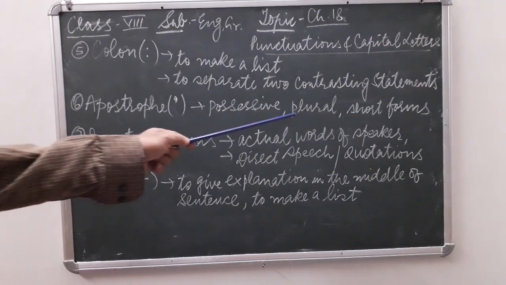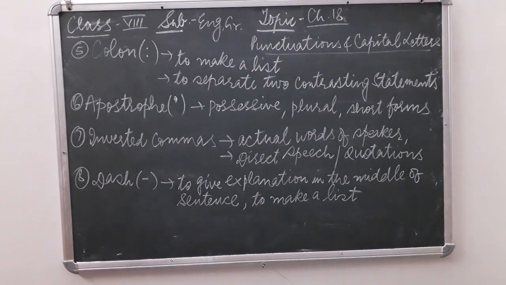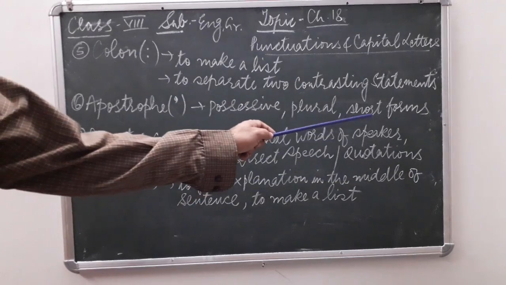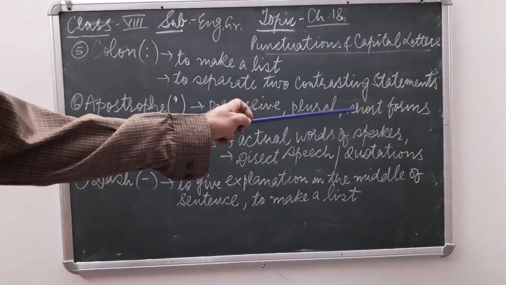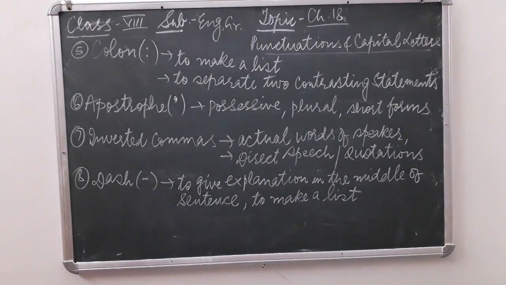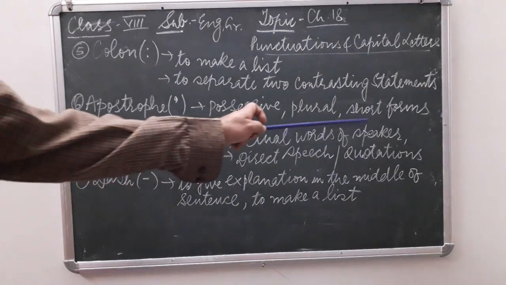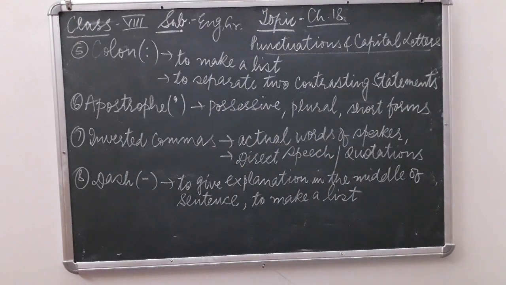And for making short forms, for example, do not can be written D O N apostrophe T, don't. Did not, D I D N apostrophe T, didn't. Got it? In this way it is also used.